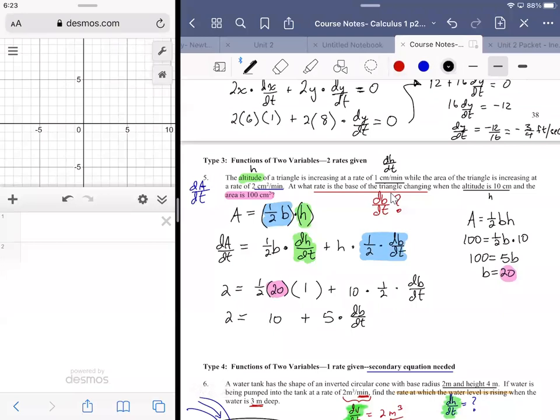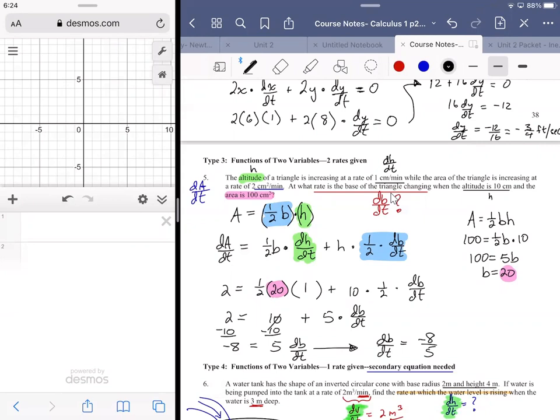So then I'd subtract, I get -8 is equal to 5 dB/dt. So divide by 5, and we're looking at dB/dt is equal to -8/5.